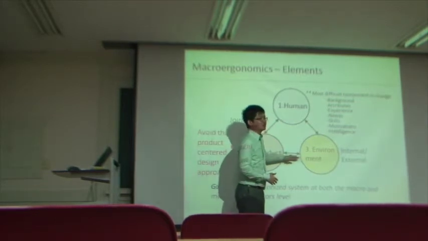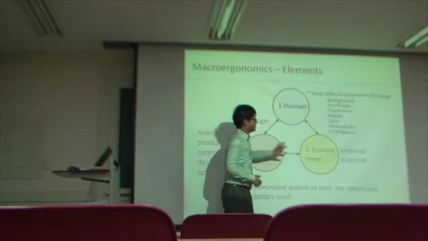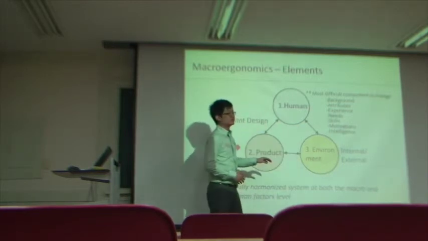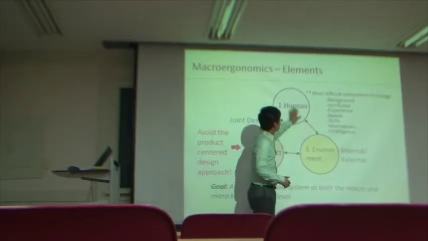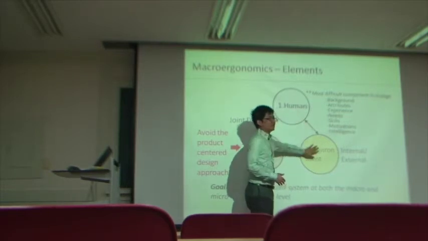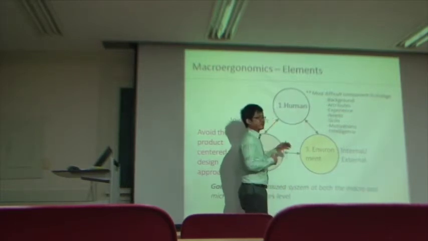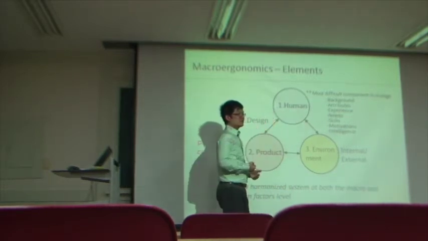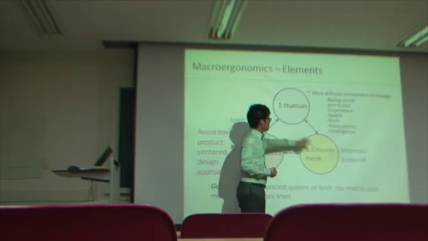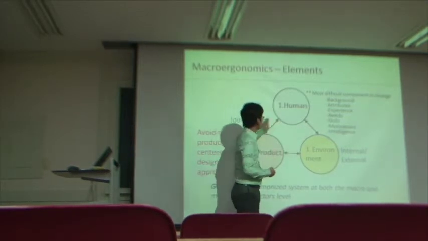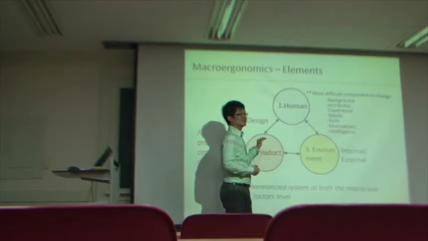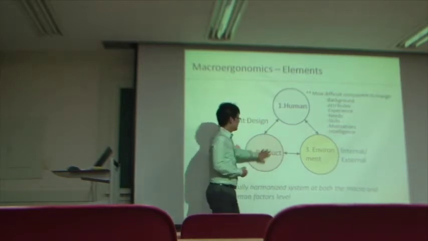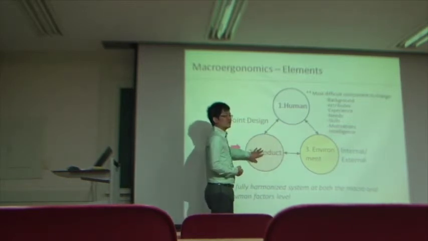How can we design in a way that the touch point can fit the environment very well? And how can we design in a way that human and environment can fit very well? So keep this in mind when you're doing service design projects. You are not only designing the touch point, you're designing everything. So this will reflect in your design here.